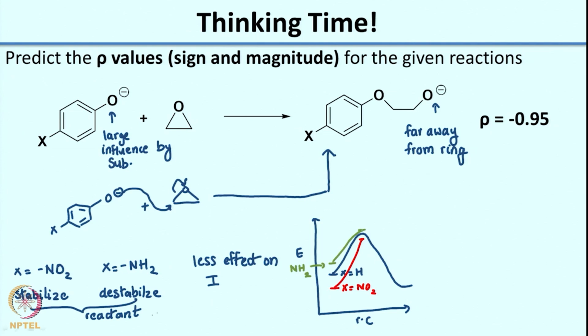So if I were to compare Kx over Kh, where X is equal to NO2 versus X is equal to H, which requires a higher activation energy, or which is a bigger hill that you need to climb. So imagine that your peak is almost the same, you are thinking of climbing a hill.